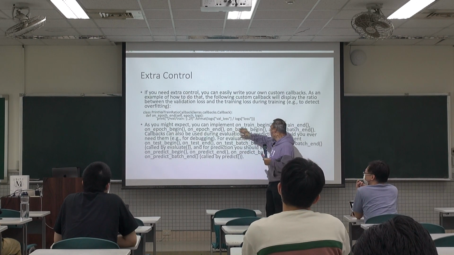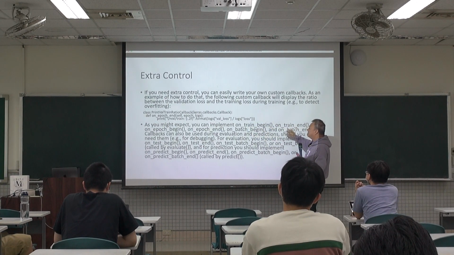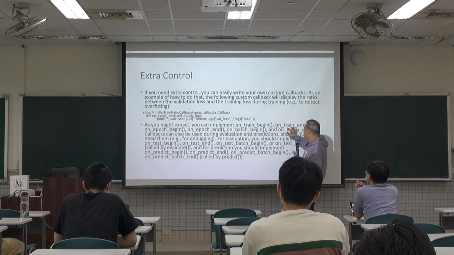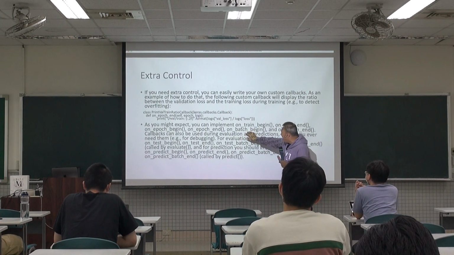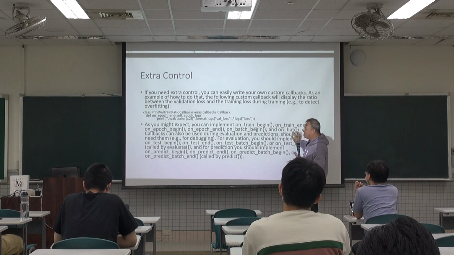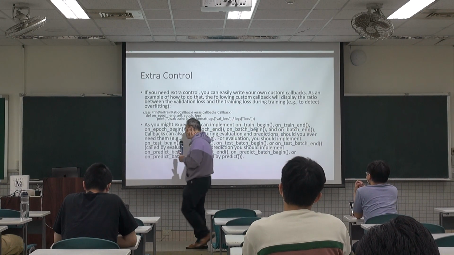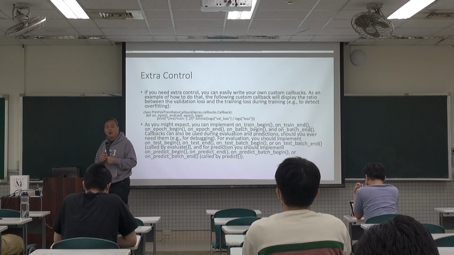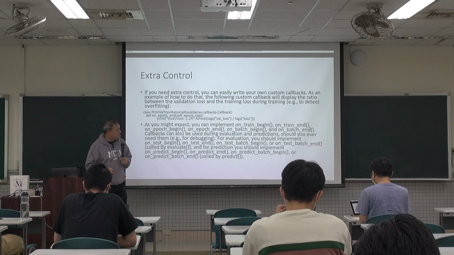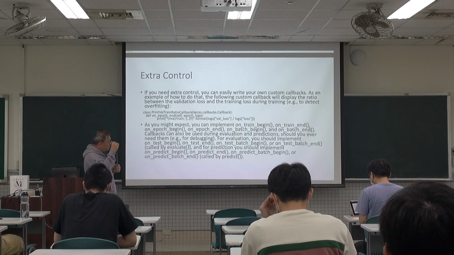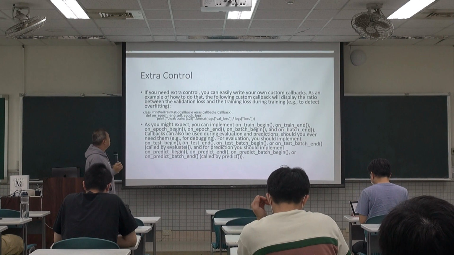For example, on_train_begin, on_train_end, that's at the beginning or the end of training, on_epoch_begin, on_epoch_end, on_batch_begin, on_batch_end. So there are many places you can do these things. This allows you to control many things at a specific time when you are training the model.